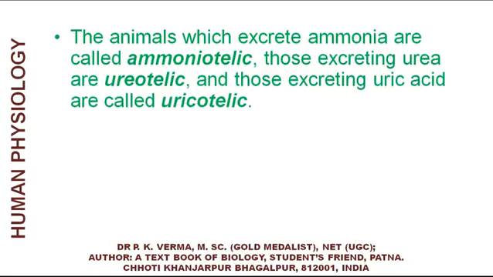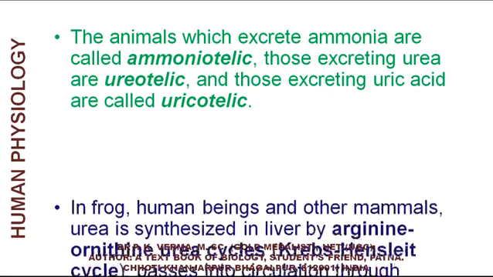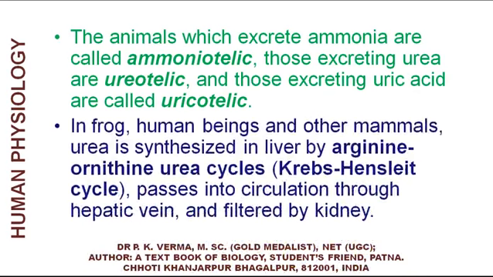The animals that excrete ammonia are called ammoniotelic. Those excreting urea are ureotelic, and those excreting uric acid are called uricotelic. In the embryo, there is allantois serving as urinary bladder.